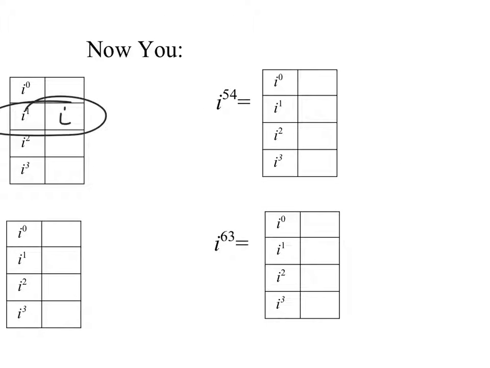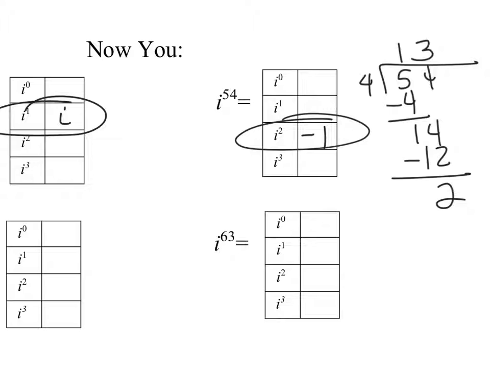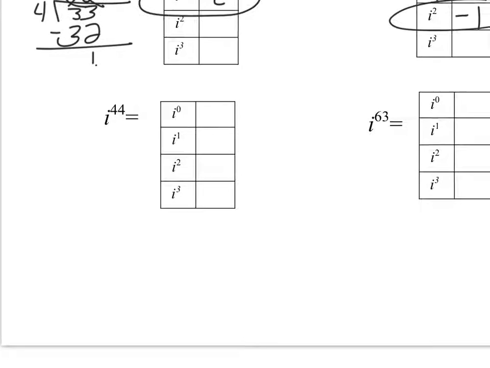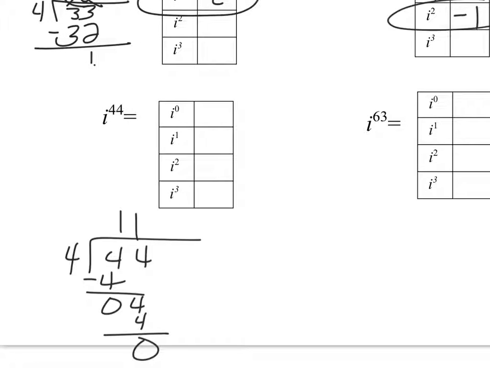So try 54. 4 goes into 54 13 times with 2 left over. So this is the number that's the new exponent, and i squared is -1. Try 44. Dividing 44 by 4, it goes in 11 times, and it goes in perfectly.